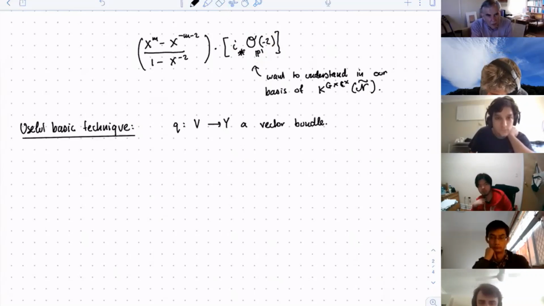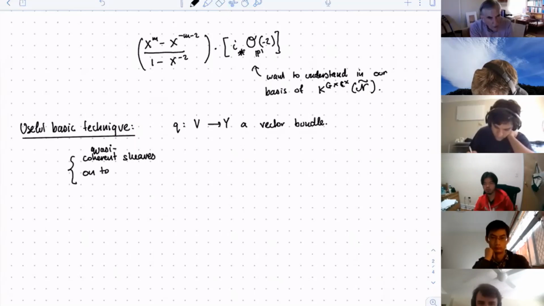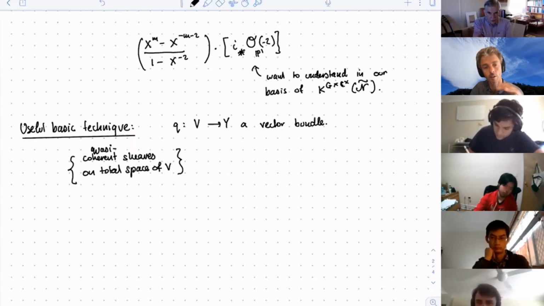And so we have an equivalence of categories, coherent sheaves or quasi-coherent on total space of V. So a vector bundle is locally just some base times an affine space.